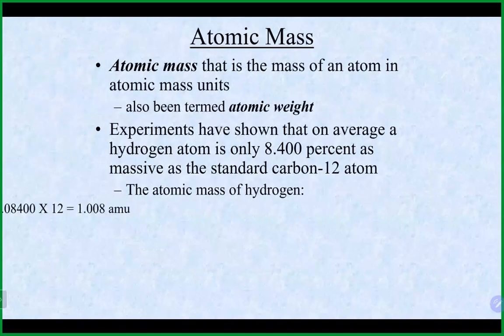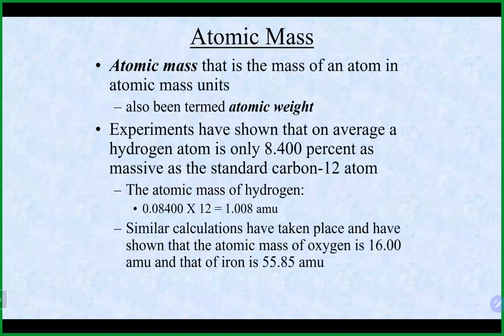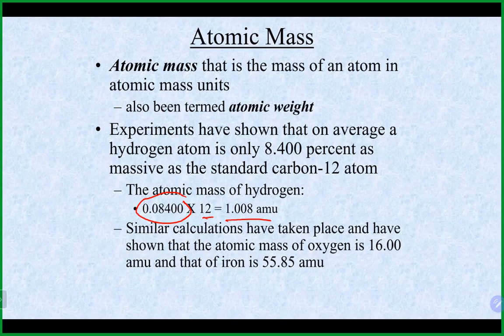For example, hydrogen is about 8.4% as massive as carbon-12, and 8.4% converted into a decimal times 12 gives us an atomic mass for hydrogen of 1.008 AMU, which is what we see on the periodic table.